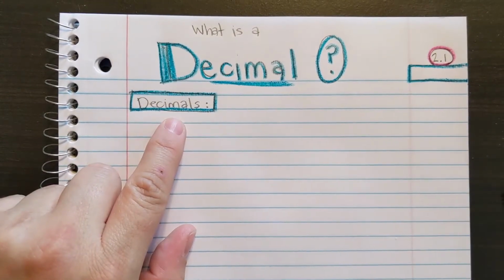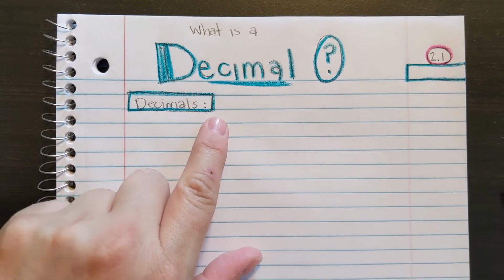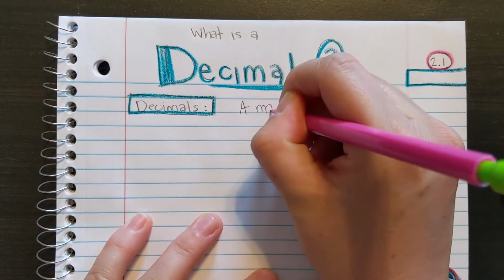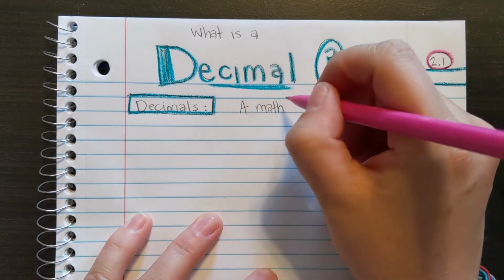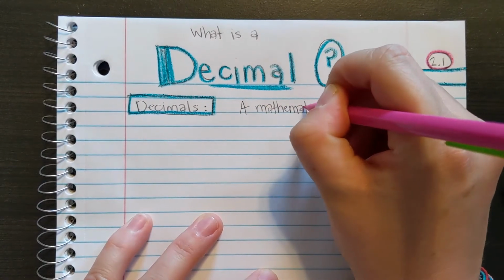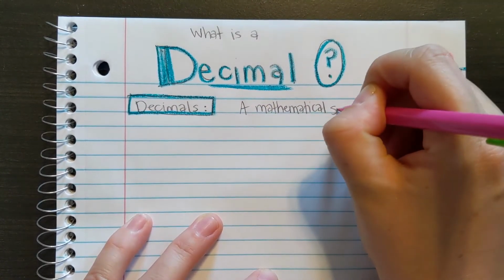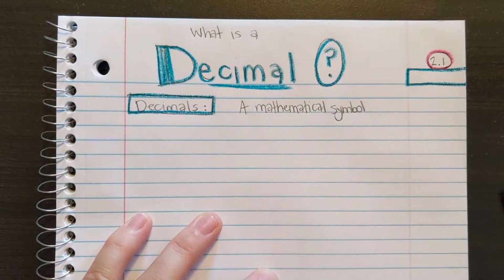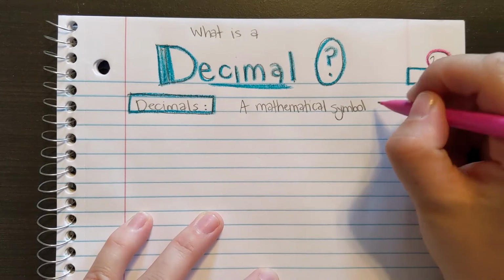But an actual definition for decimal that we are going to use is a mathematical symbol that separates whole numbers and parts.